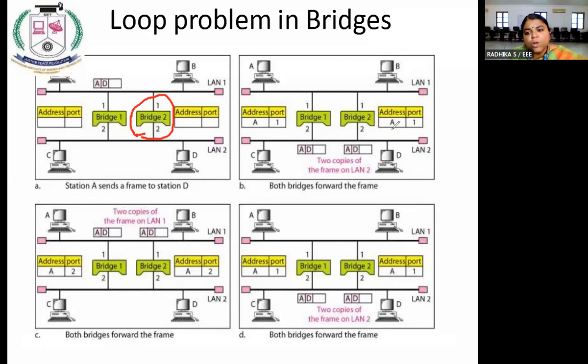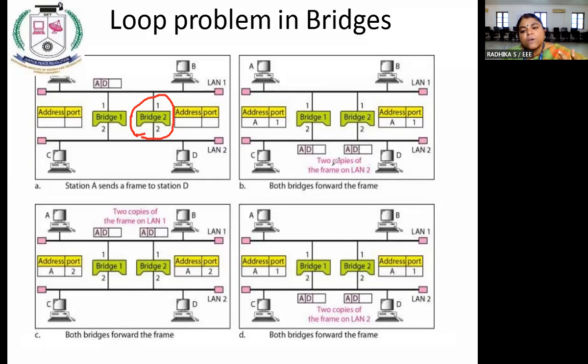Likewise, bridge 2 also will update its table that address A is associated with port 1. So the frame will now be available in LAN 2, but instead of one frame sent from A, there are going to be two copies of the frame.